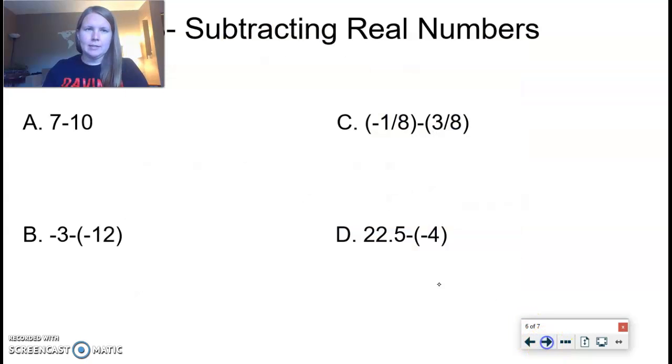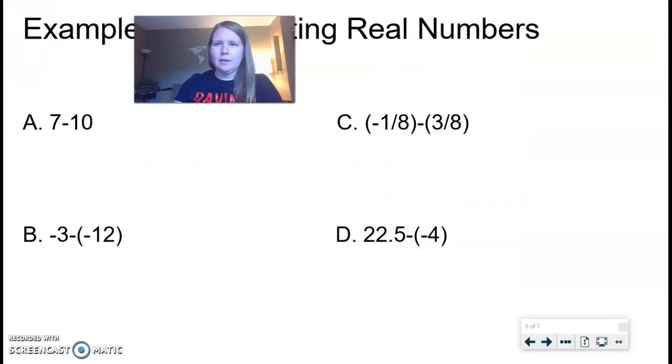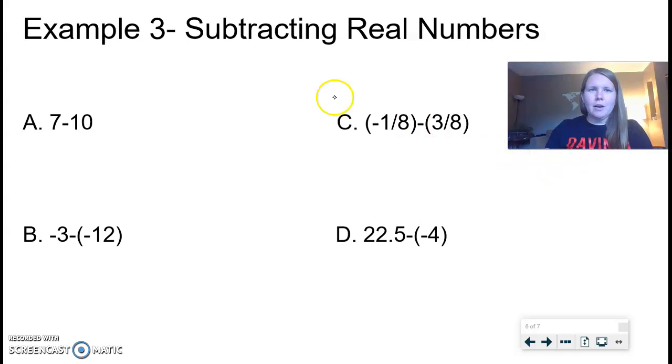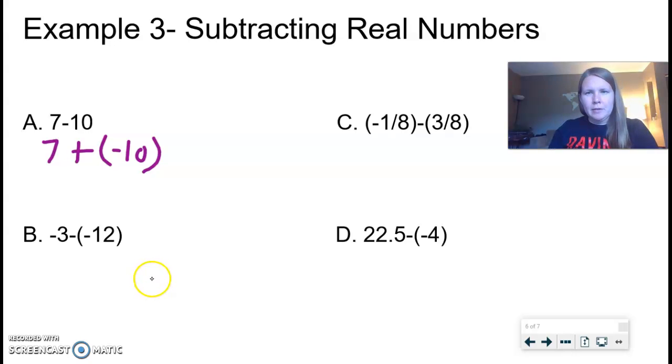So let's go ahead and look at some subtracting. Okay, so subtracting our real numbers, we are going to end up adding the opposite. So in this case, I would have 7, and I'm going to change my subtraction to add -10. You can always use a number line too, if that's going to be a little more helpful as you think about going the other direction.